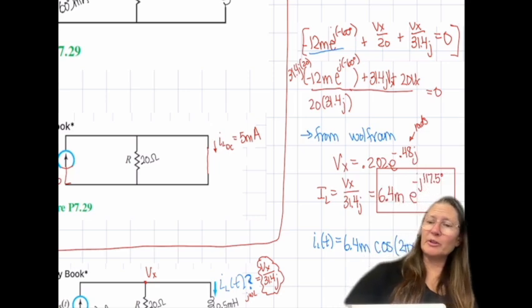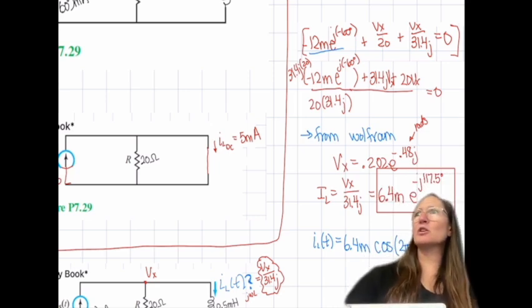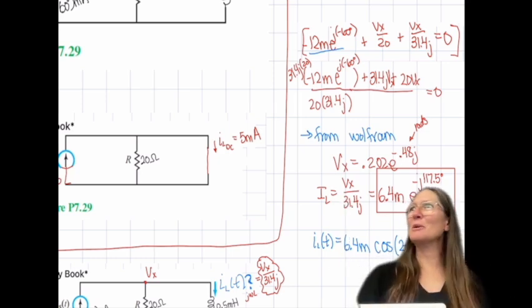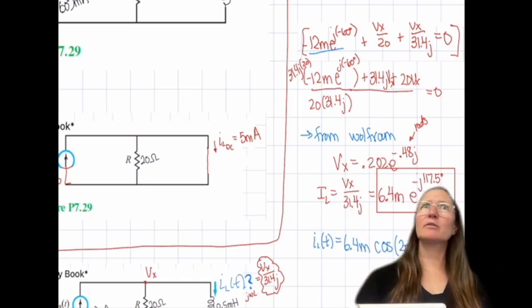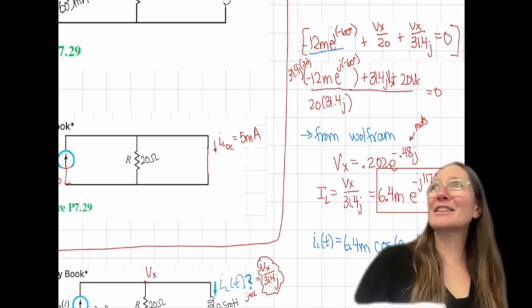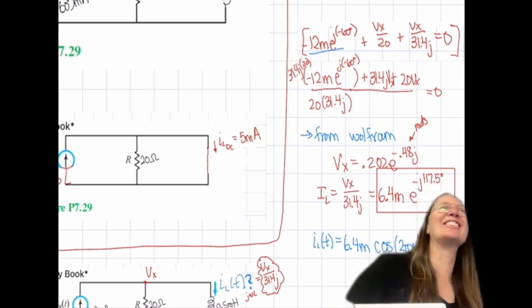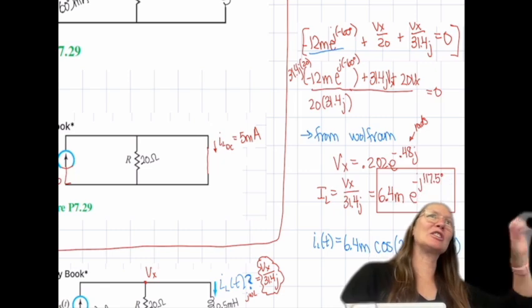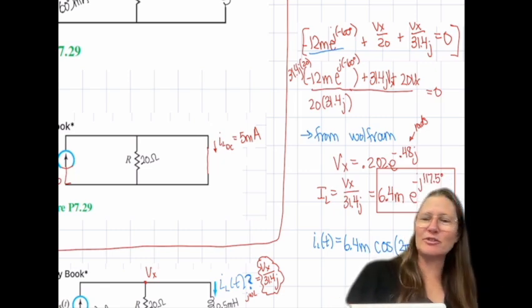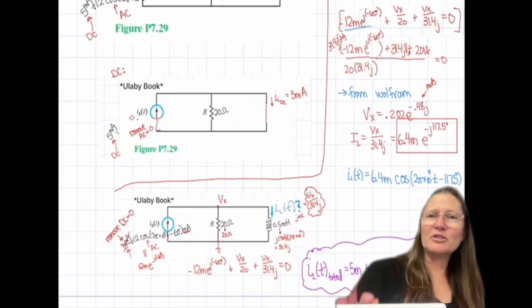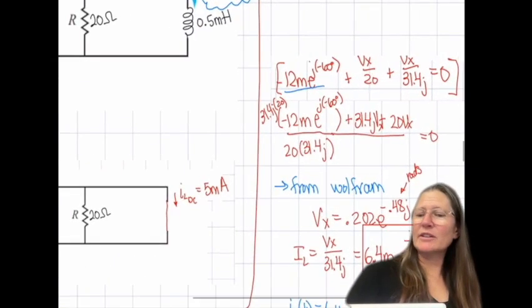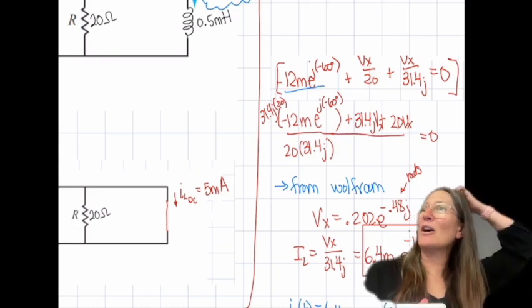So I do expect you to know how to do the algebra, but more like what I asked in this last test, being able to convert back and forth. And I'll probably ask that again because a lot of people miss that one. So make sure you know how to manipulate to Cartesian and back into Phasor for simpler algebra. When it gets as complicated as this, no, I won't make you do that on the exam.